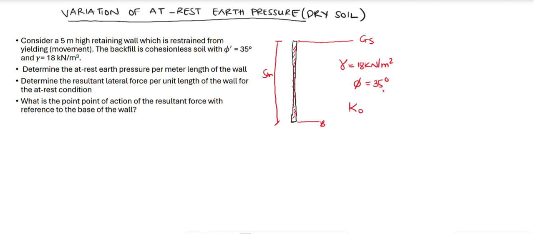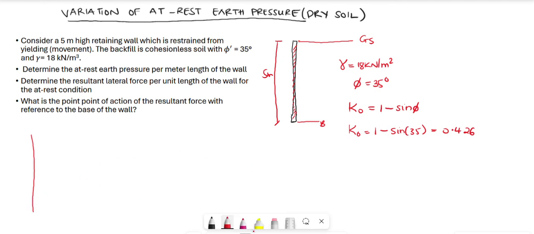So if you look at the three K naught formulas that I gave you, we will use Jaky's because Jaky's formula can effectively use the angle of friction. So we can find our K naught, which is the first thing that we will do. So our K naught is going to be 1 minus sine 35, and that is 0.426.